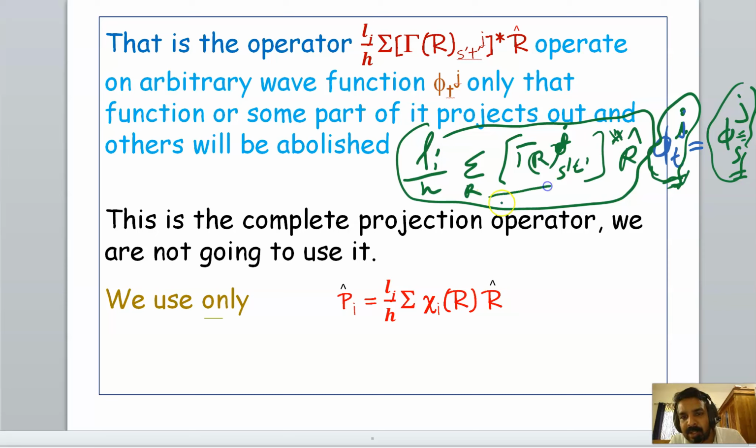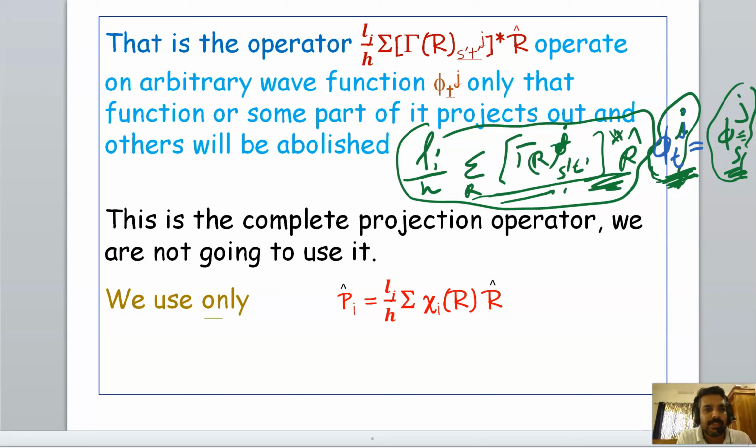By acting with this projection operator on this function, it projects out a new function that has the same symmetry as the operator on which it operates, and all other parts of the projection are omitted or excluded.